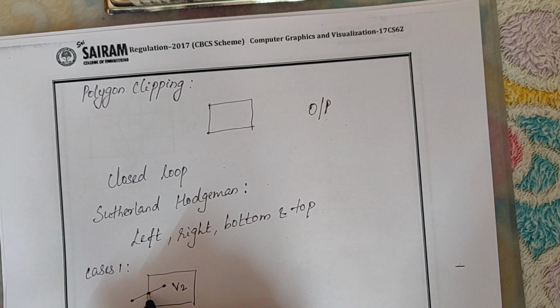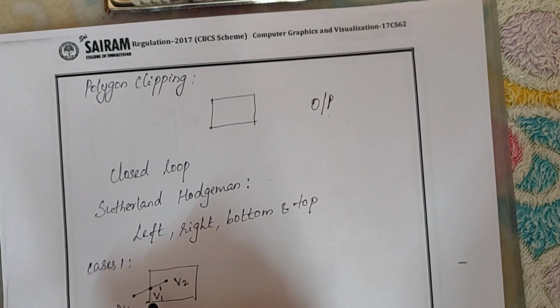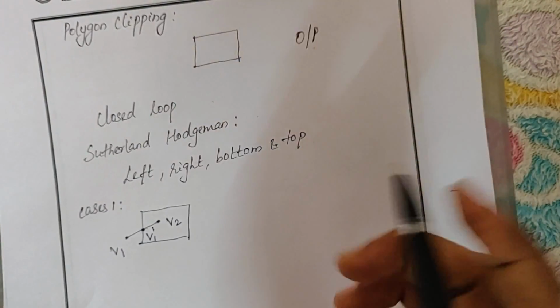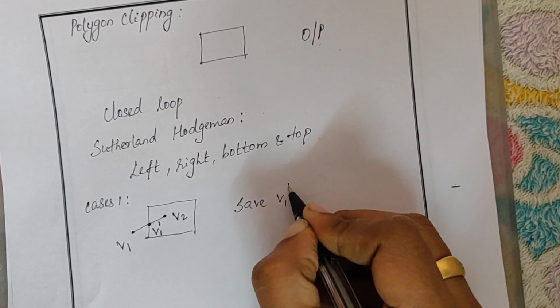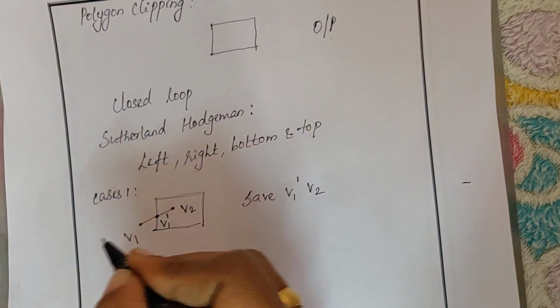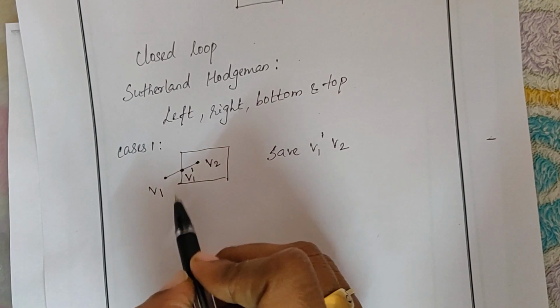Now I have to name this intersection point. How to name this intersection point? Starting vertex name dash. So save v1 dash and v2 in case 1. So what is case 1?